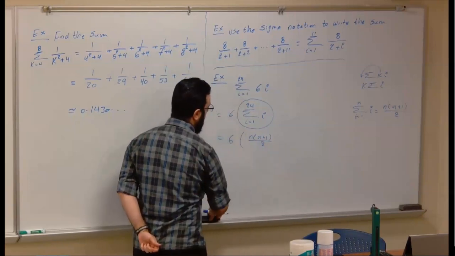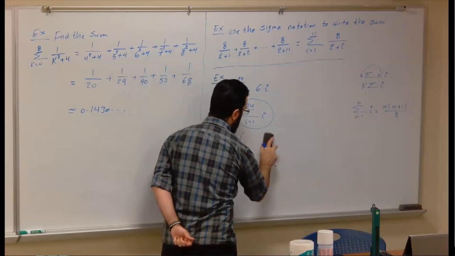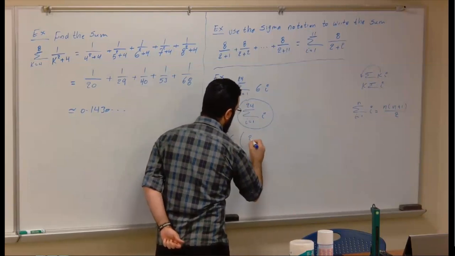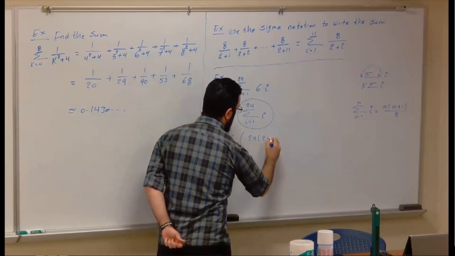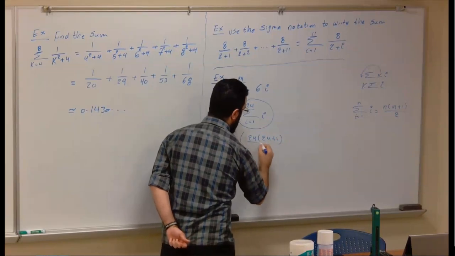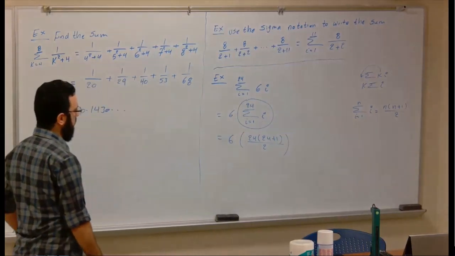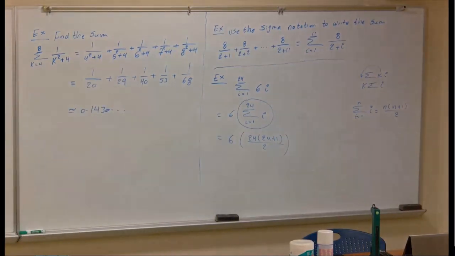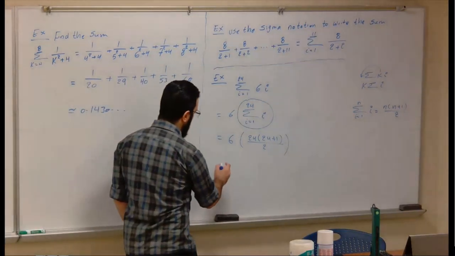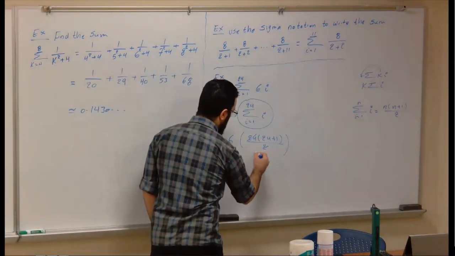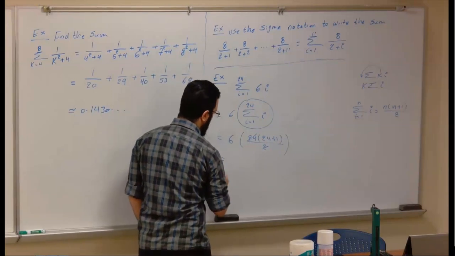But instead of n, you're going to put 24. So it's going to be 24 plus 1 divided by 2. Simplify the 24: 24 divided by 2 is going to be 12.